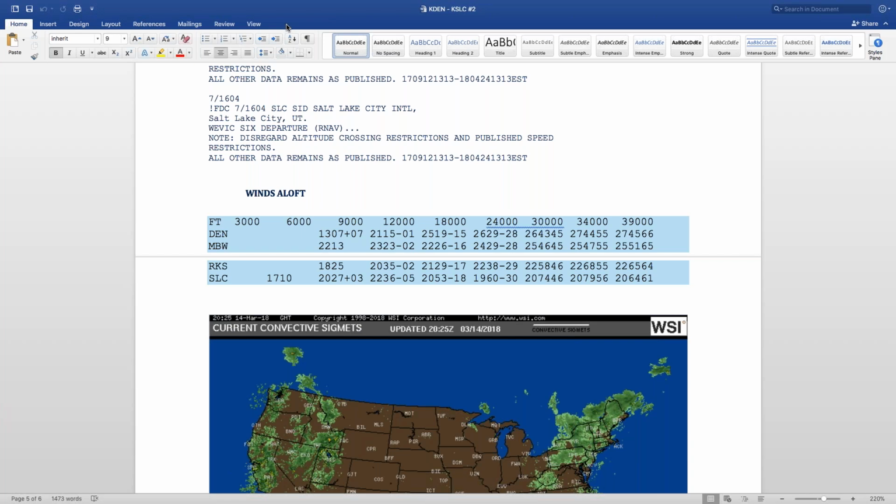Okay. So looking at that, what is our average winds? It would be 250 at 51 knots. Wait, sorry, no. So let's figure it out one section at a time. We're going to take the average of MBW and RKS for our wind direction.